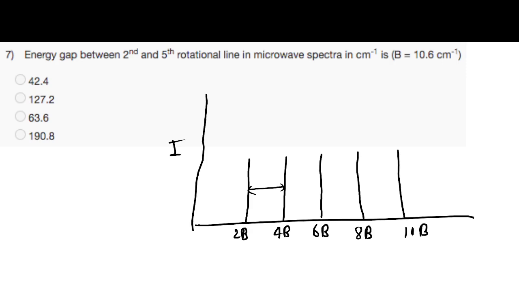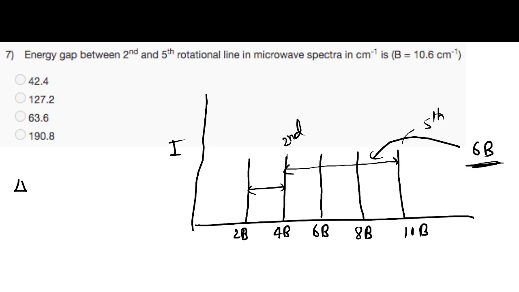This one is your second line, and this is your fifth. So what is the difference between here? It's 6B. Yeah, correct, correct. 63.6. So again we can calculate energy delta E is 6B, and we know here B is this much. So again 63.6.